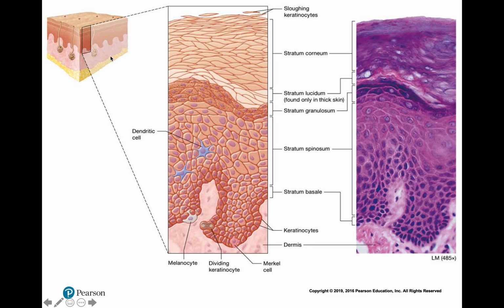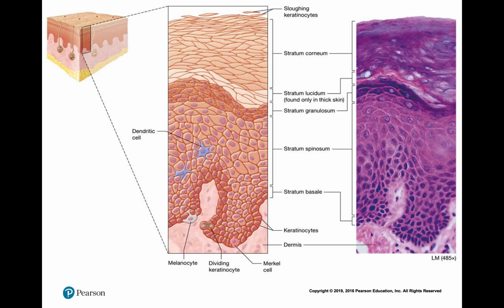And the keratinocytes of the stratum granulosum also produce lots of a lipid substance, which gets secreted by exocytosis. All right, so the main function of the stratum granulosum is to produce lots and lots of these keratin granules and to secrete a lipid substance via exocytosis.